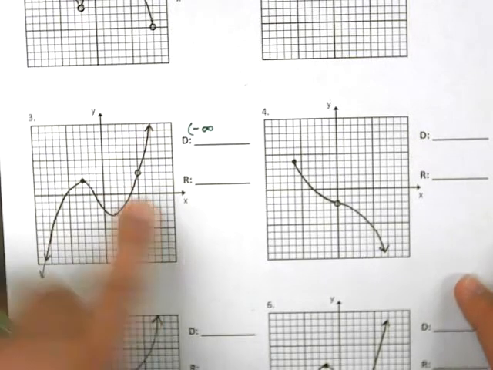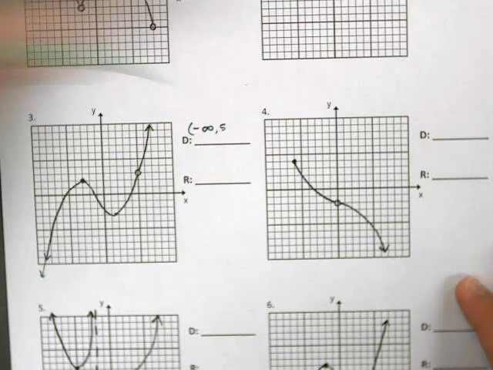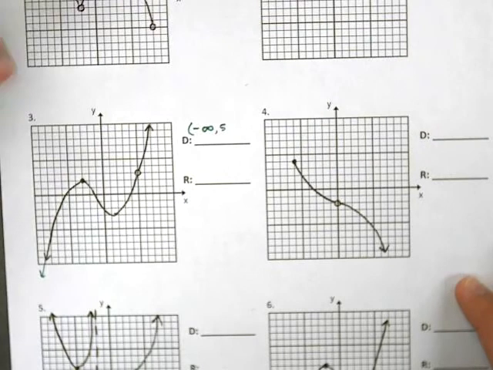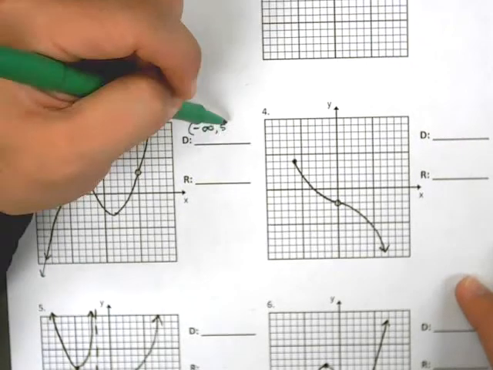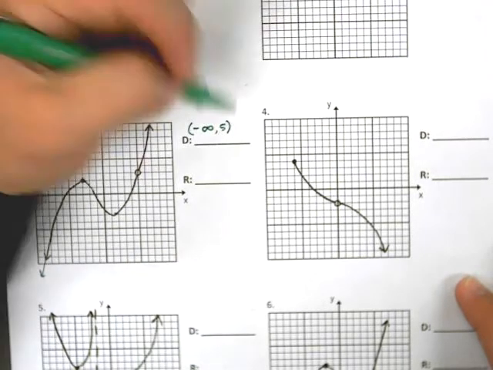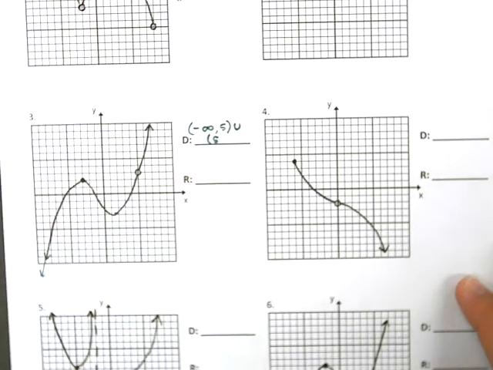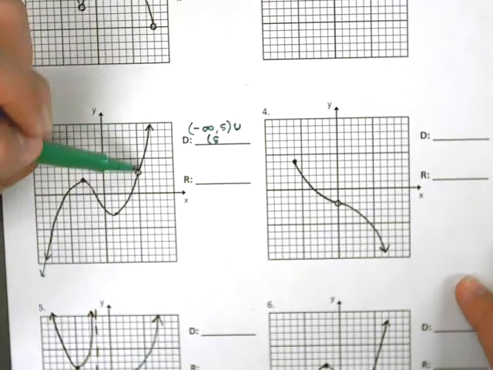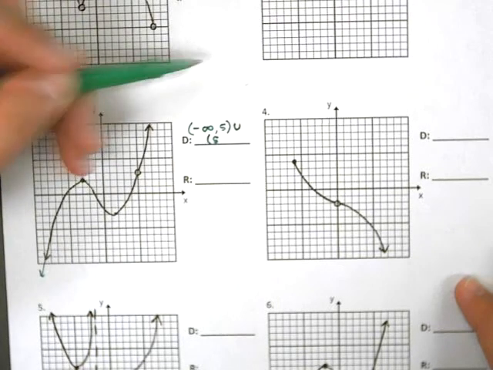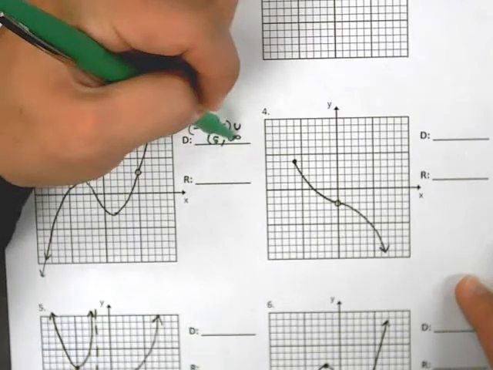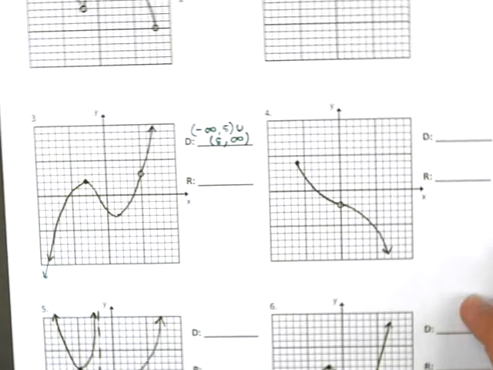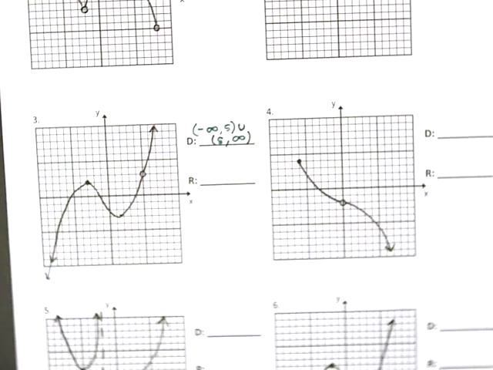So at a value of positive 5, I have to put a hole. So it ends at 5, and it's not included, and then again, remember, it picks right back up on the other side. So 5, not included, and then what's going on? It's going up and out, up and to the right forever, so 5 to infinity. All right, that's the domain.